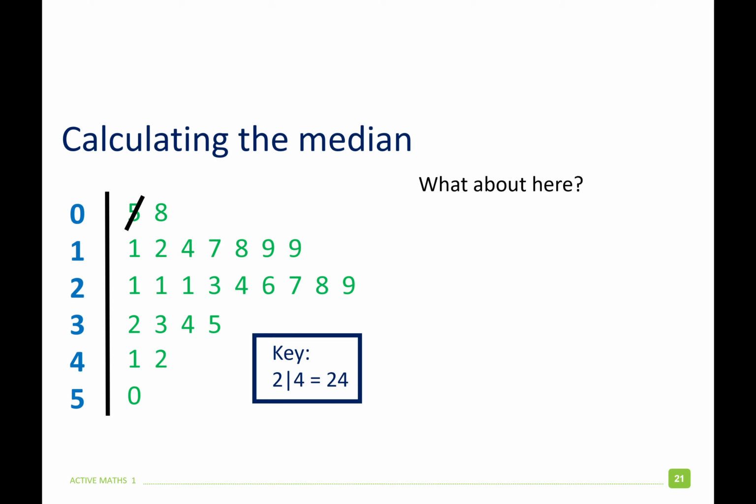Crossing off our smallest value of 5 and our largest value of 50, our smallest value of 8 and our largest value of 42, our smallest value of 11 and our largest value of 41. Continue this process.